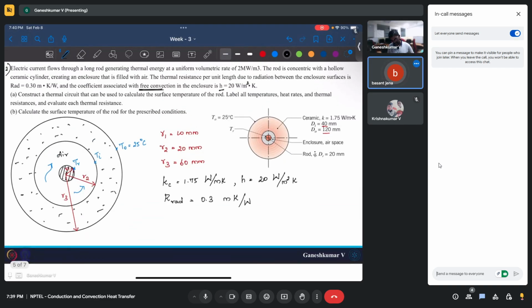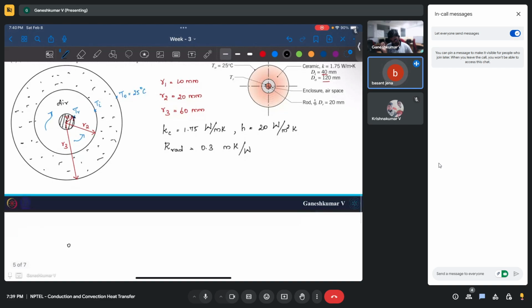T outside is given as 25, and we need to know only the surface of the rod. So we can assume Q is coming out. We can draw the thermal circuit from TR to T naught, because the electrical wire is generating the heat and this whole heat is going to come out. So you need not consider the electrical wire here; you can start from the surface of the electrical wire.